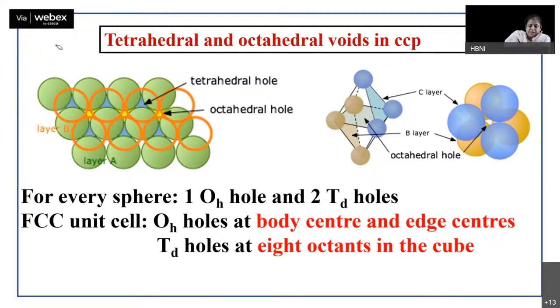Just imagine this particular green layer is the bottom layer and this orange one is the second layer. So this atom on the top and 3 green atoms at the bottom, this blue one is the tetrahedral hole. Similarly, if I have a layer above this orange layer also, then this orange atom would be at the bottom, and there would be 3 spheres above it with which it would be forming an inverted tetrahedra. So each atom is contributing to 2 tetrahedral holes, and that is why for n atoms there are 2n tetrahedral holes.